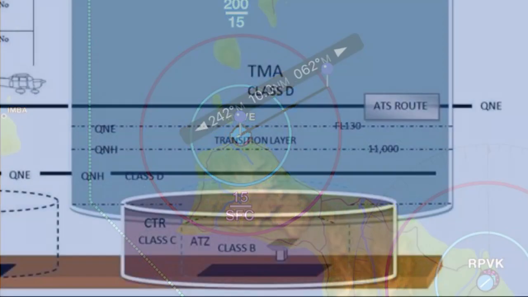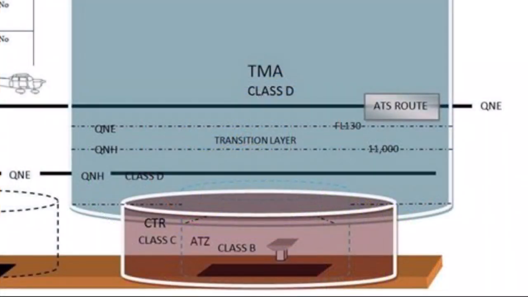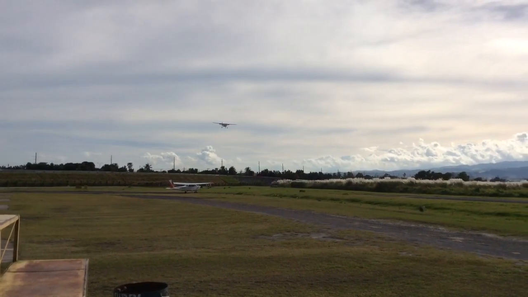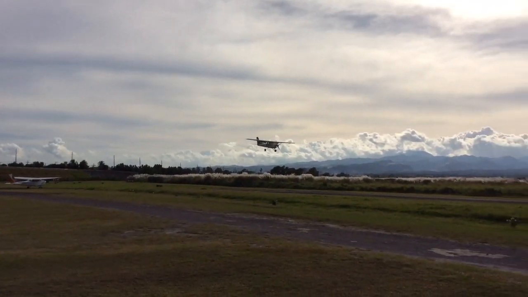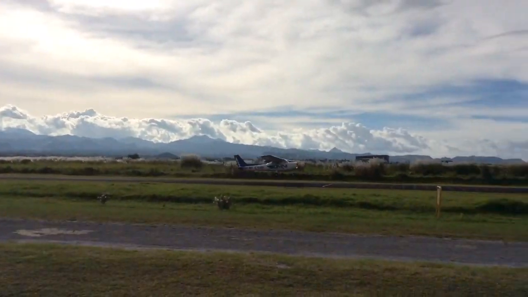While both the TMA and the CTR are usually designated as Class D, the CTR can sometimes be designated as Class C at busier airports since ATC needs to have heightened control over VFR aircraft within the airport's vicinity. More on Class C later.